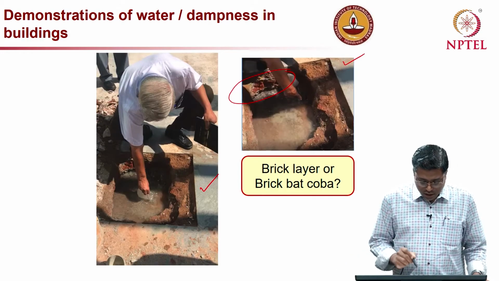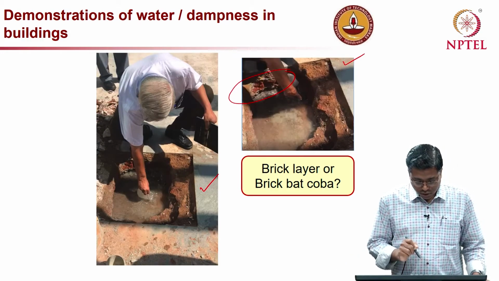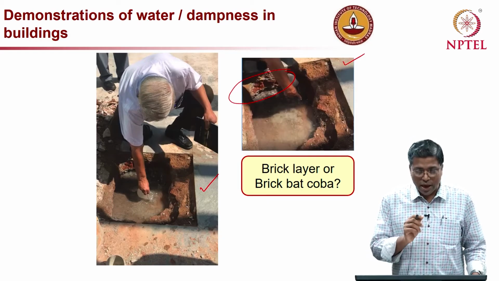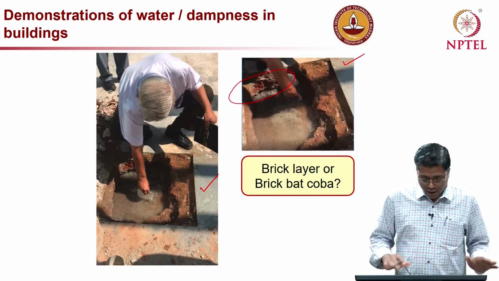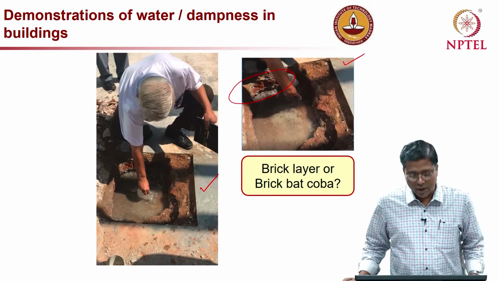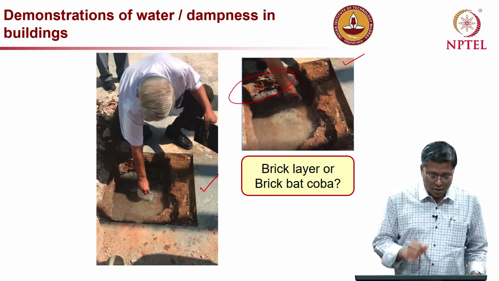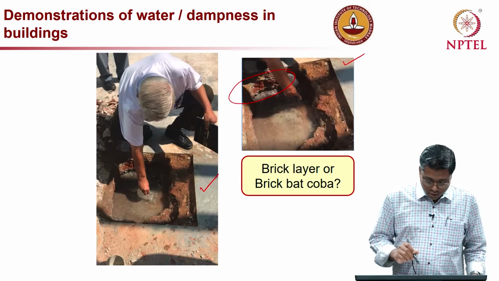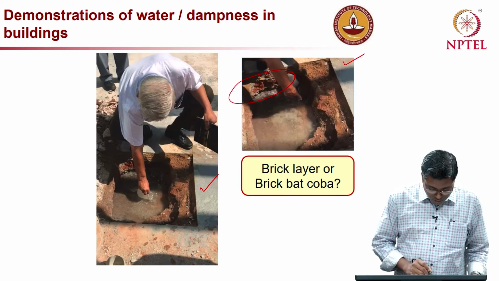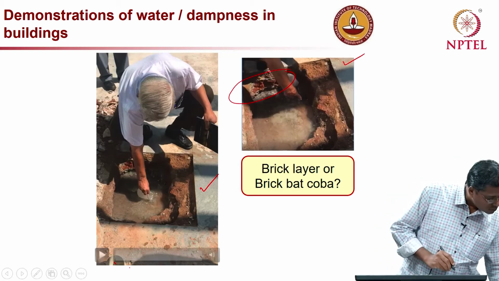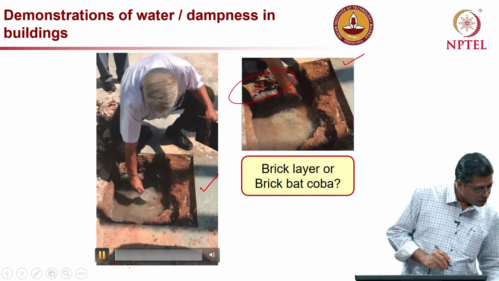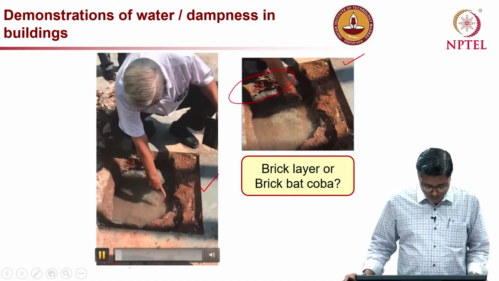In this particular image or video, you will notice that there is no gap, which is not a good practice to follow, unless you have another setup for preventing the entry of water into the brick layer below. So, just let us watch this video.